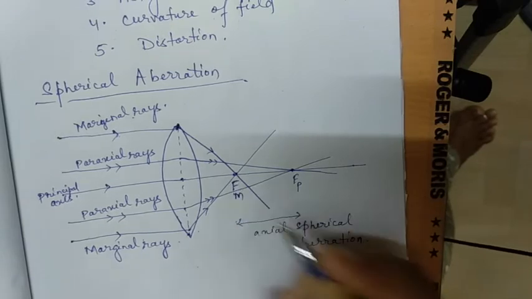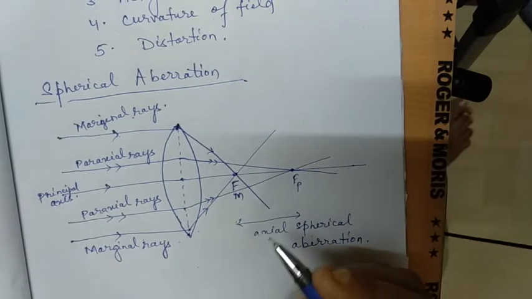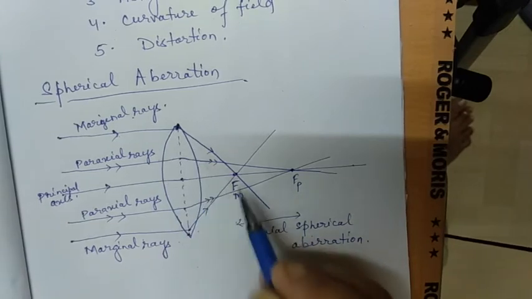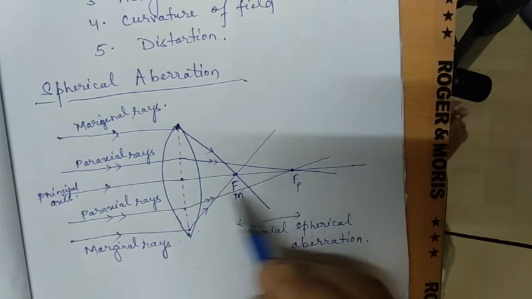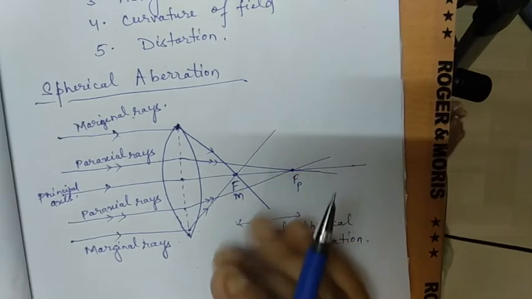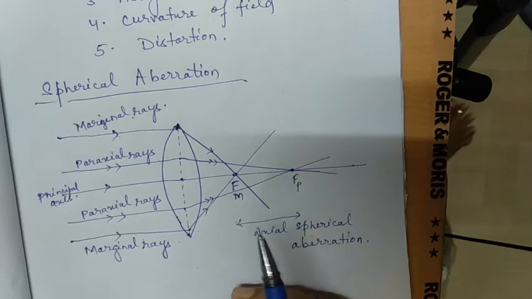So as in the chromatic aberration, when white light was passing through the lens, it got focused at various points. So you had different focal lengths for the different colors.